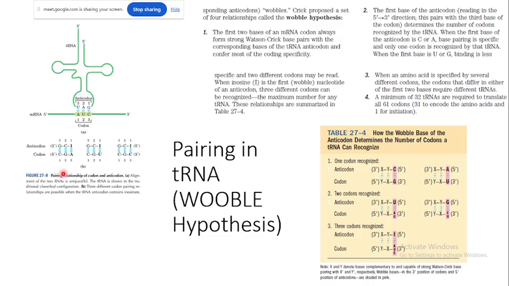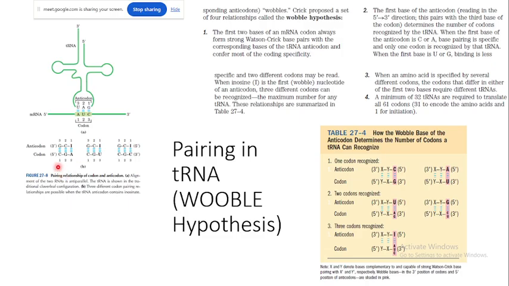So positions 3 and 2 of the anticodon and 1 and 2 of the codon will be the same. But as the anticodon has an inosine in the first position, the wobble position, it can base pair with A, U and C. So this anticodon can actually recognize CGA, CGU and CGC.